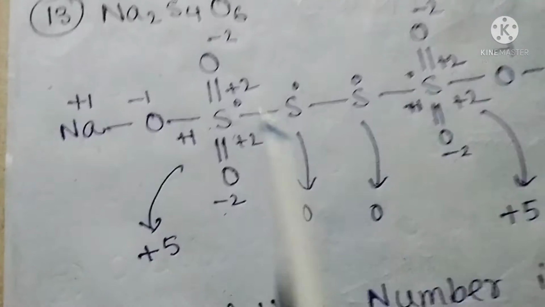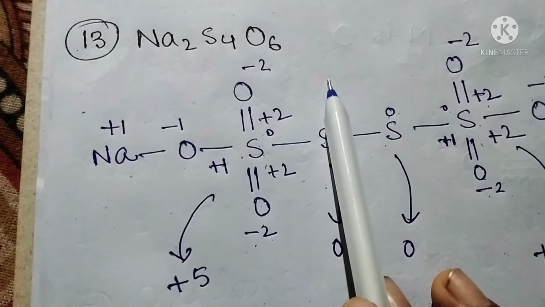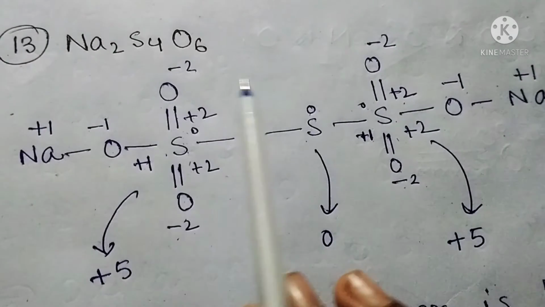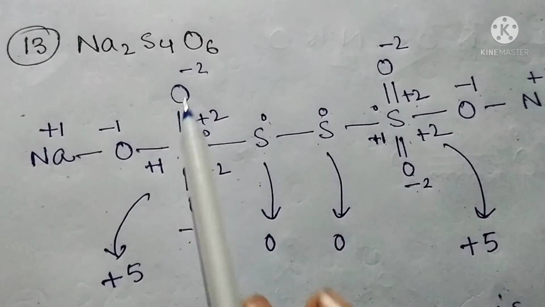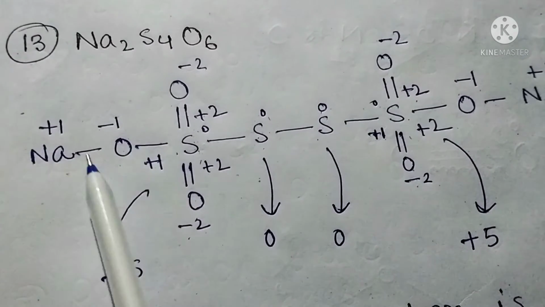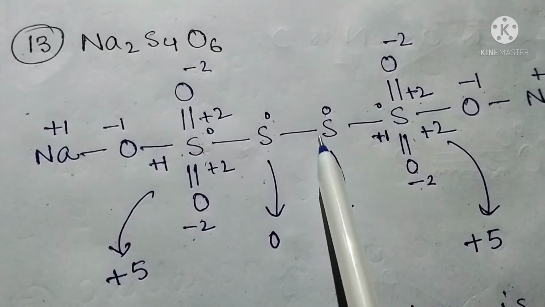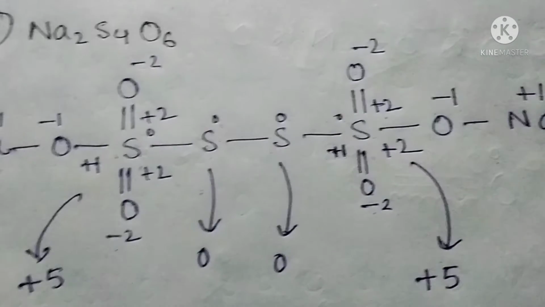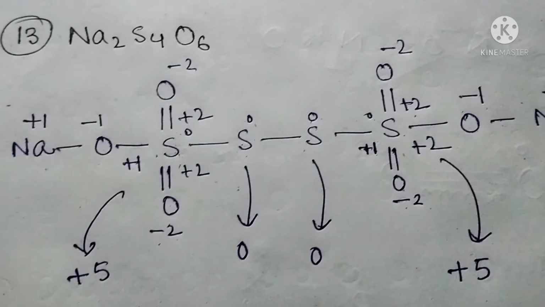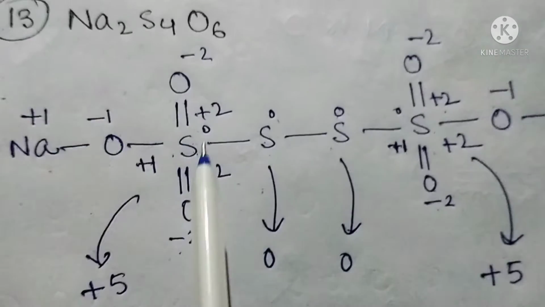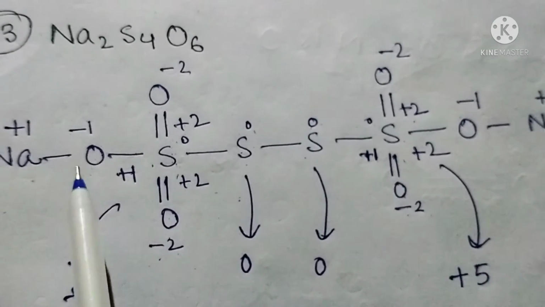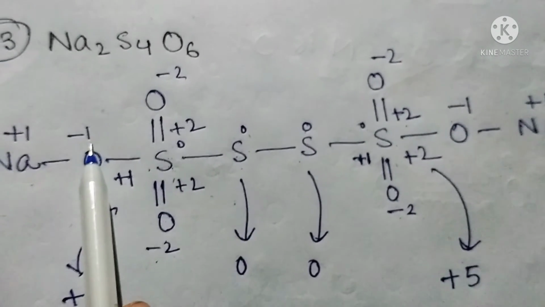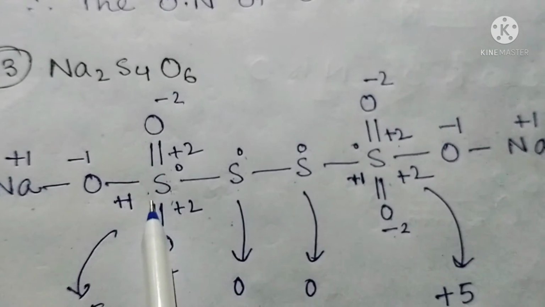Next example is Na2S4O6. So first draw the structure of Na2S4O6. S double bond O, double bond O, single bond O Na, single bond S, single bond S, single bond S, single bond O Na, double bond O and double bond O. Now between these two, oxygen and sulfur, sulfur is less electronegative than oxygen, so here we get -1 and as a result we get here +1.